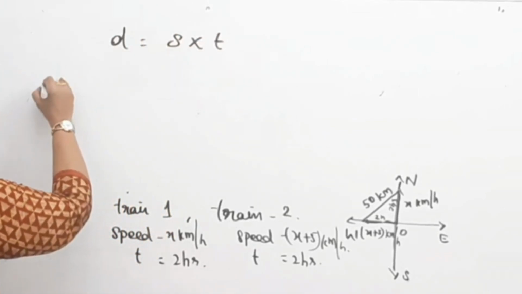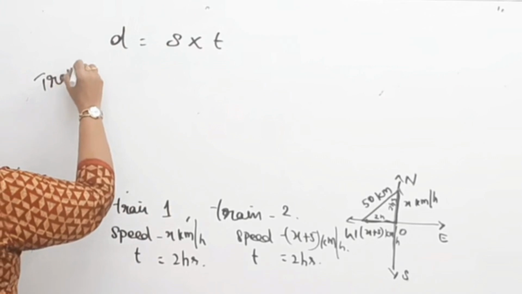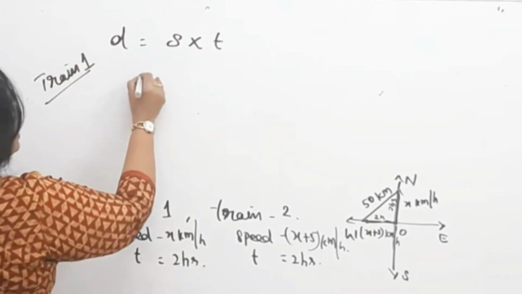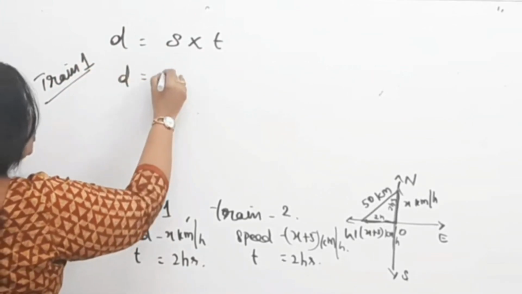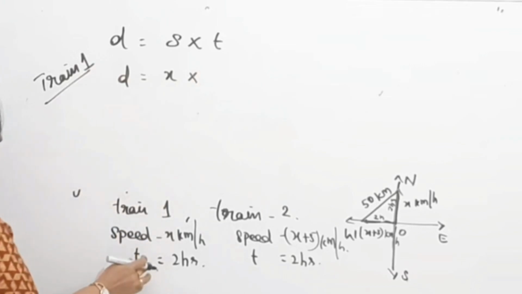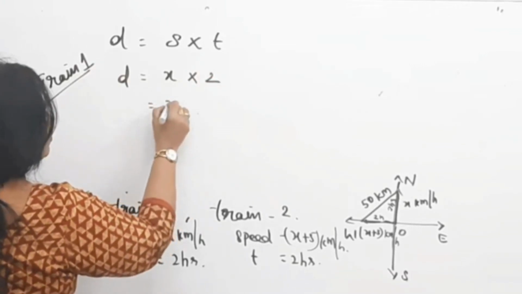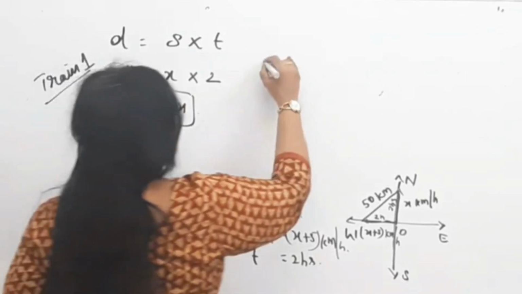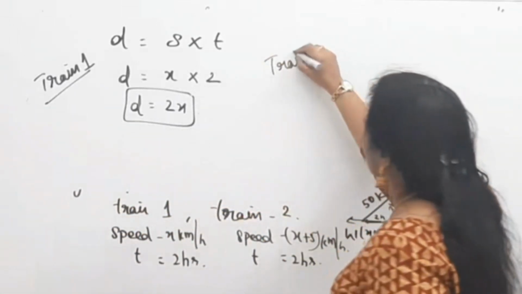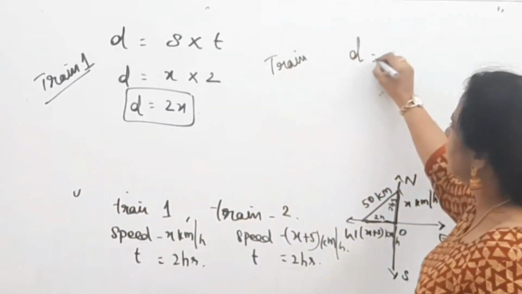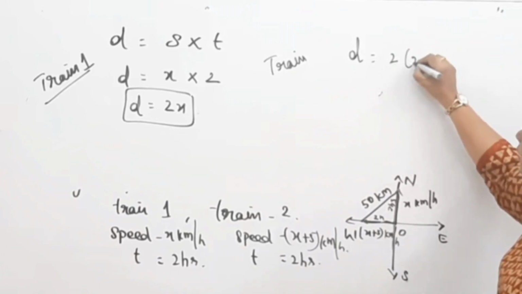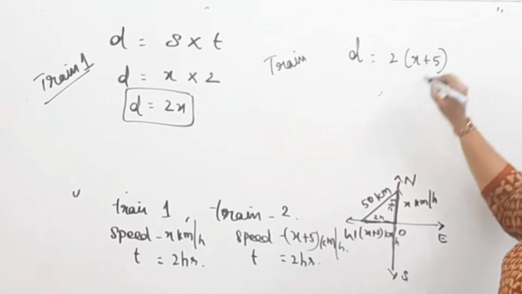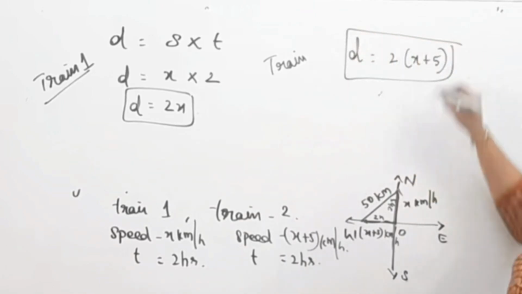So, for train 1, the case goes like this: distance is equal to speed x and time 2 hours, which is equal to 2x. And for train 2, my equation goes, distance is equal to 2 hours into x plus 5. So my distance becomes like this.